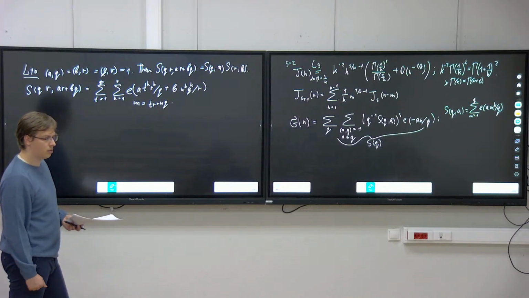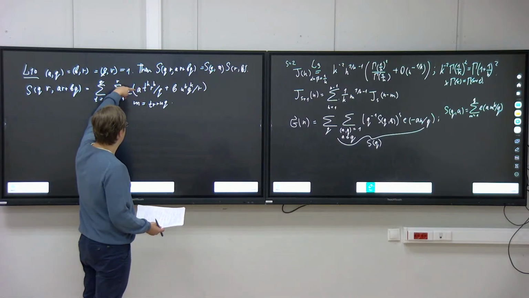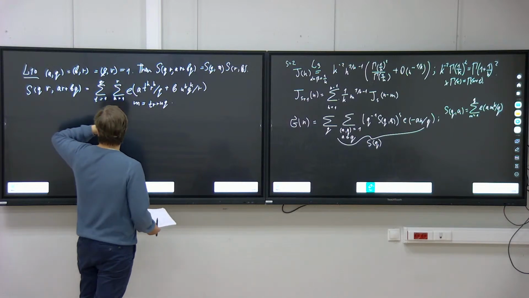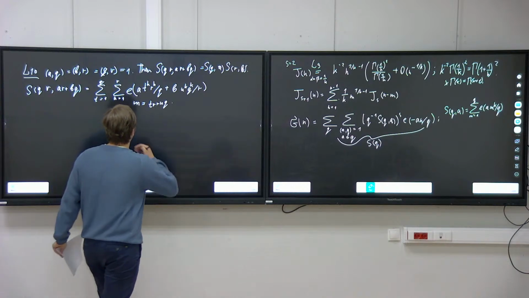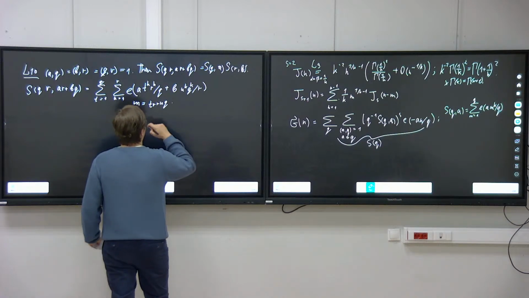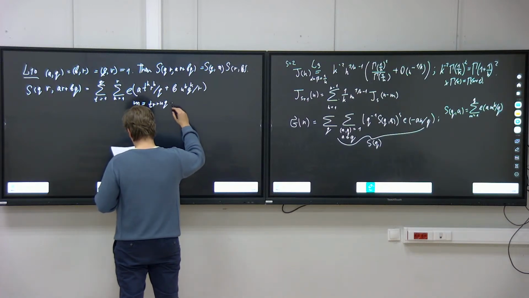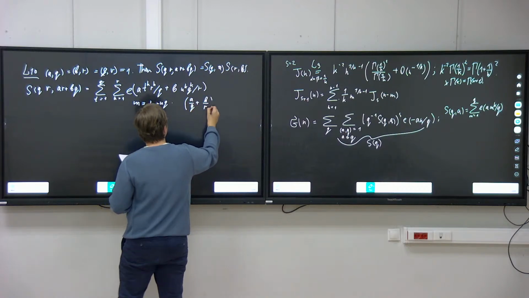Agreed? And then M to the power K. So we have M to the power K, we multiply it by A over Q plus B over R. Yes?